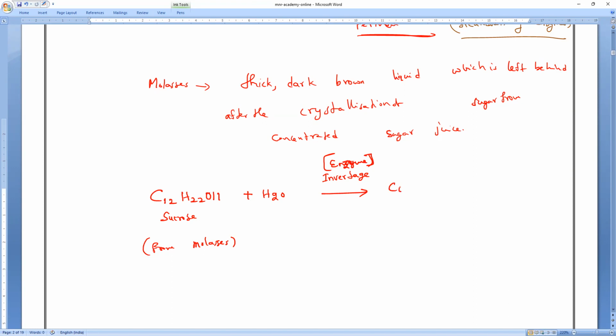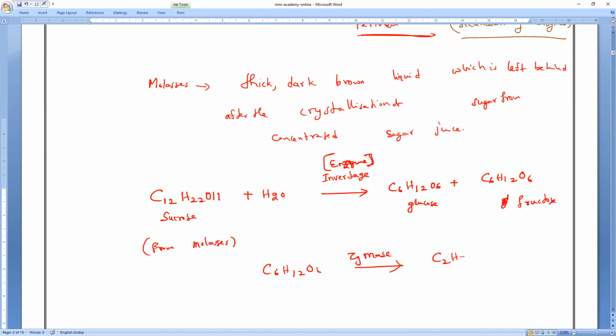It will convert into glucose, C6H12O6, plus we are going to get C6H12O6. Both have the same formula. This is called glucose and this is called fructose. Note it. And this glucose undergoes a reaction again with another enzyme called zymase, invertase and zymase.